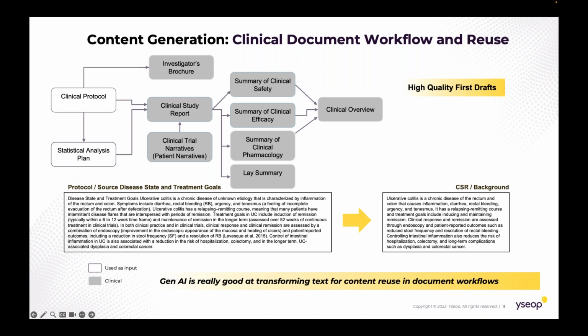And so we see a great opportunity here to address content reuse and do it at a very high level so that we can really help medical writers. And I just have a couple boxes at the bottom of the slide, but it shows that if you start with something in a protocol, you can easily use GenAI and get to another section that's required for a CSR by just doing some simple summarization, for example.